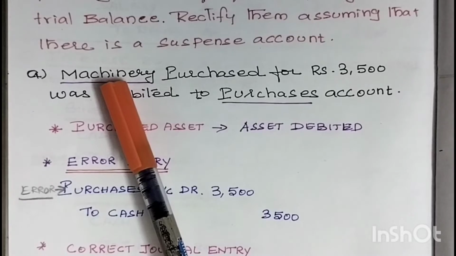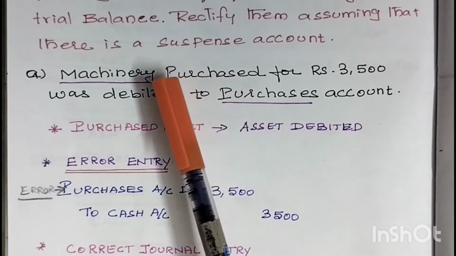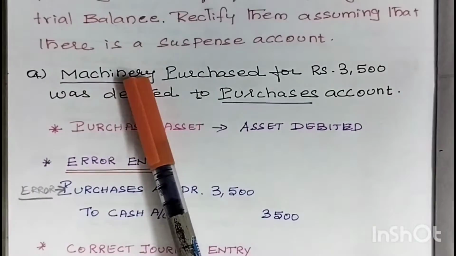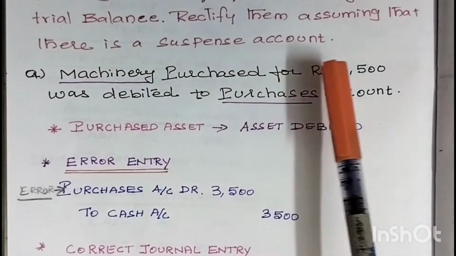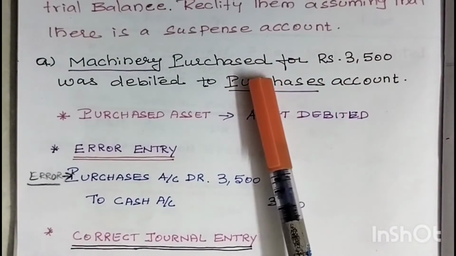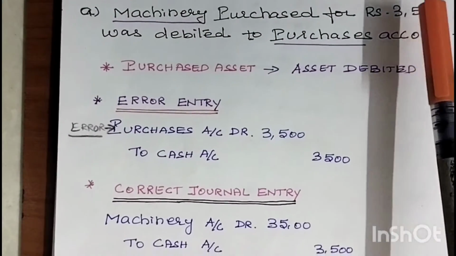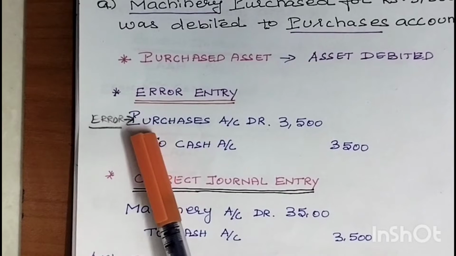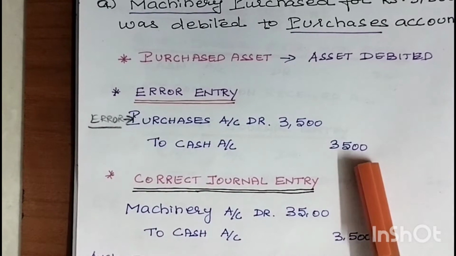Do you understand what I said? They purchased an asset in the name of machinery, rupees 3,500 for cash. But they assumed they purchased goods for 3,500. So the journal entry they passed is purchases account debit 3,500 to cash account 3,500.